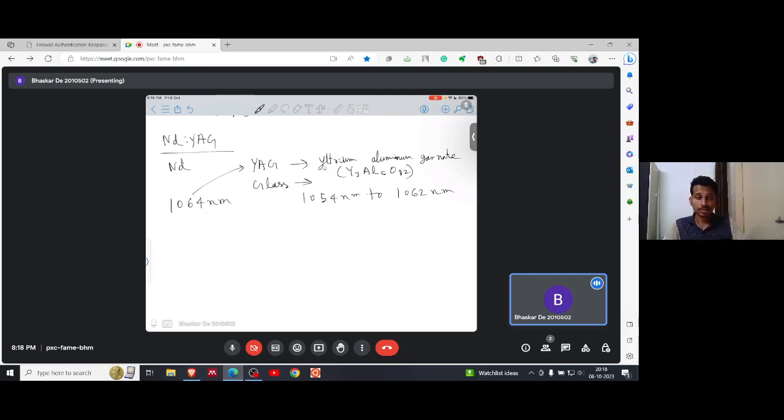Now the Nd laser has a 4 level system and consequently has a much lower pumping threshold than that of the ruby laser.